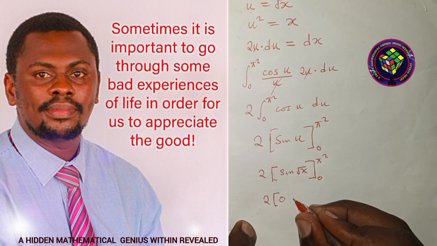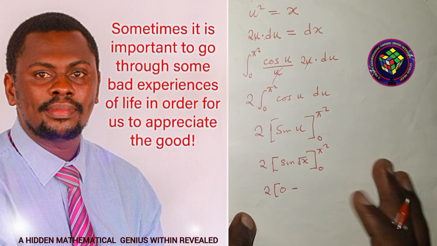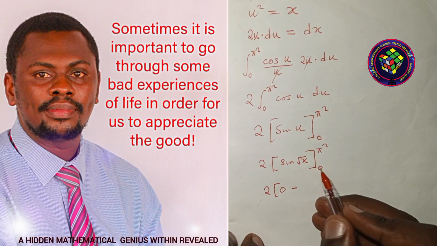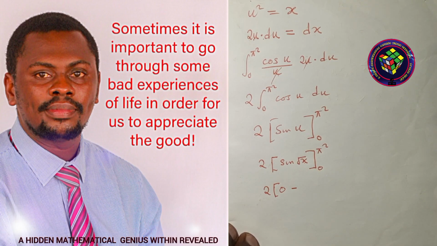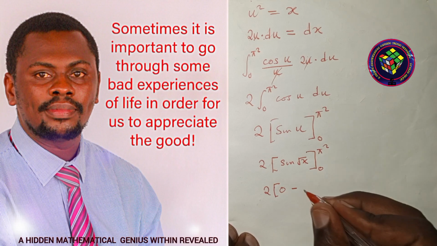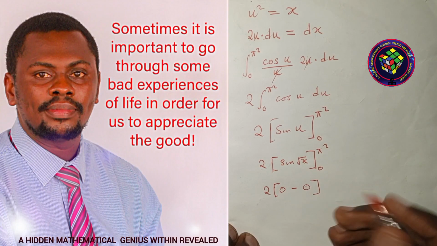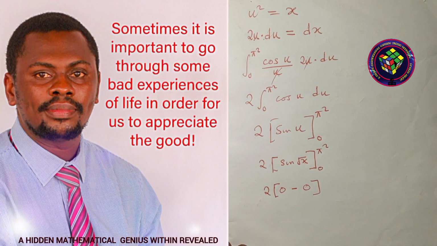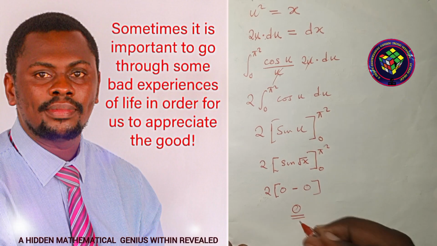So we have 0 minus, then we put 0 where there is x. The square root of 0 is 0, and the sine of 0 is 0. So it's 0 minus 0, which is 0. 0 multiplied by 2 gives 0.